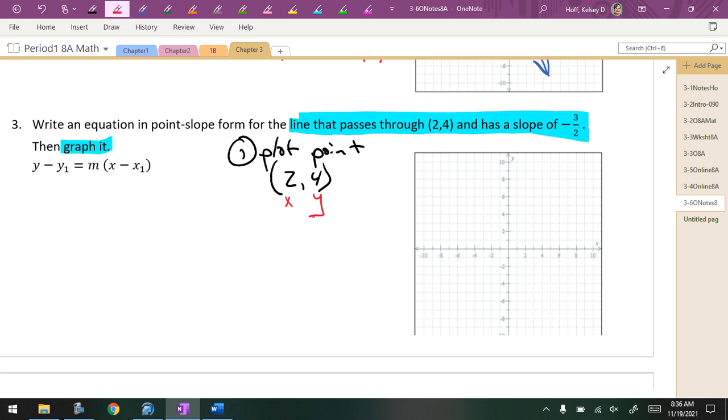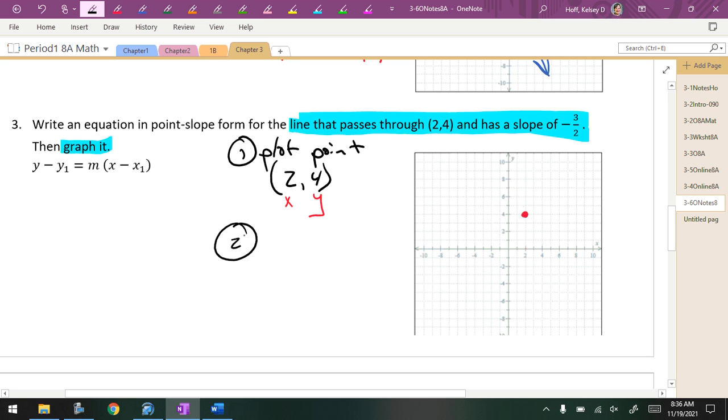Yes, good job. Careful. X is 2, y is 4. Okay, so if I start in the middle, how do I get to 2, 4? Right, which way over? Right 2 and up 4.